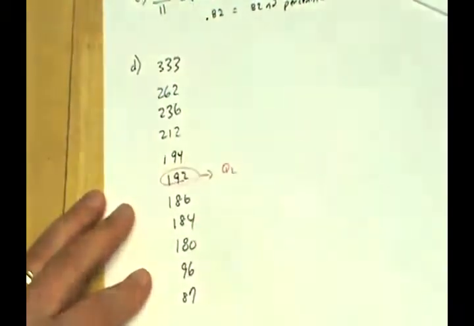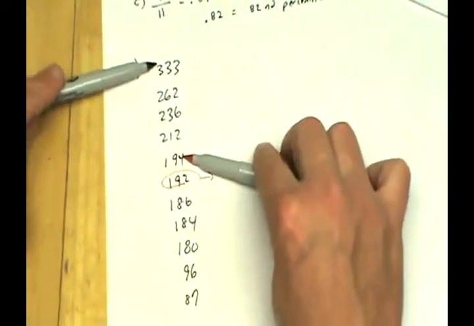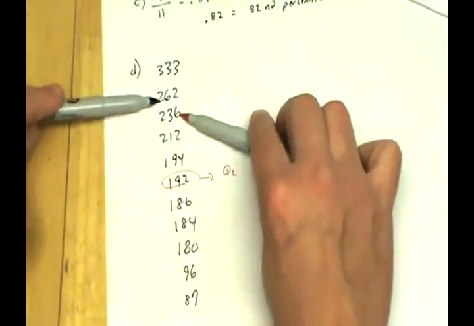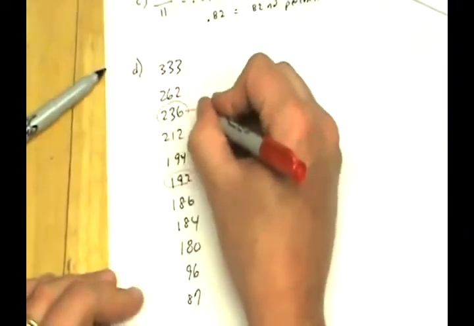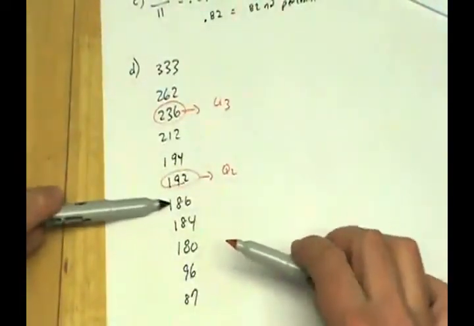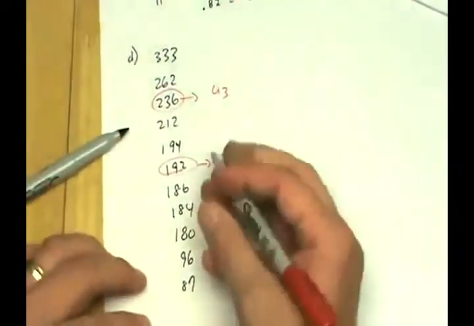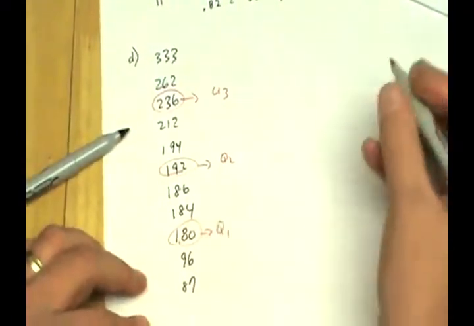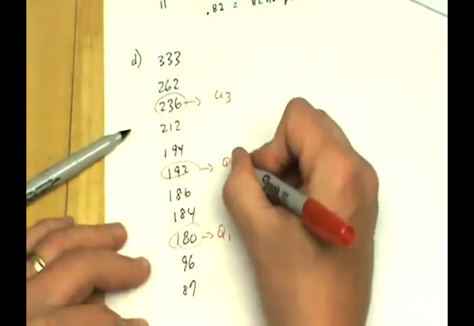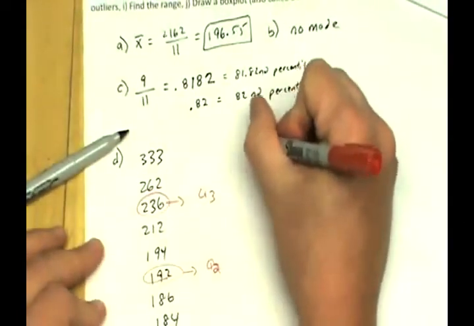So when we do the upper half, we start with 194 and 333, and working one at a time, we end up right on 236. That's our Q3. And then we start on 186 in our bottom half, because 192 is out. One at a time, we end up on 180. And so there's our Q1. So Q1, Q2, Q3. All right, here we go. E.